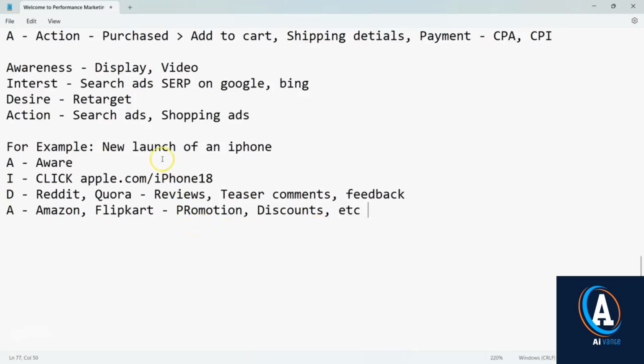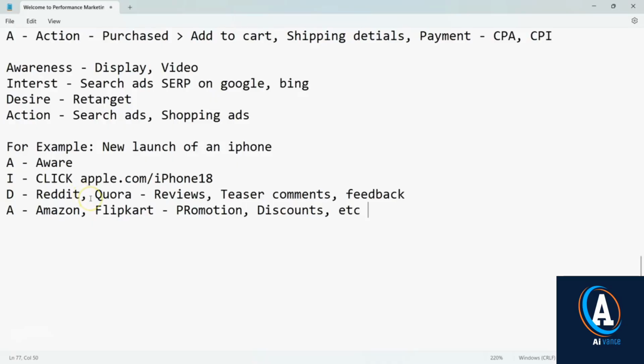So just imagine this one scenario as a journey that we are all going through, even if you don't want to buy an iPhone. Firstly, we are aware about it. Second, you click and you're inquisitive. You want to know more about the phone, what the new features are, how it's going to look, how many cameras it's going to have, how many GBs it's going to be, all of those things.